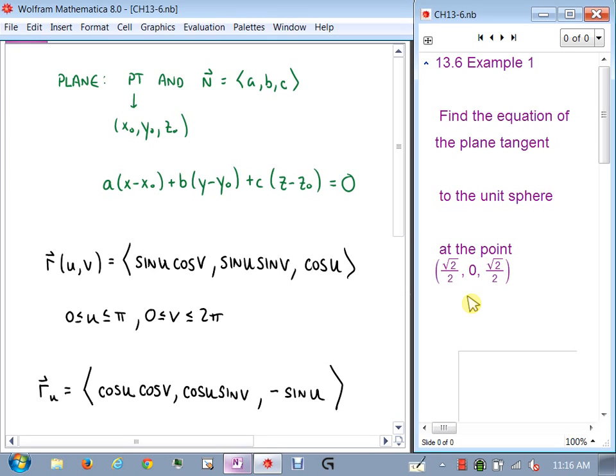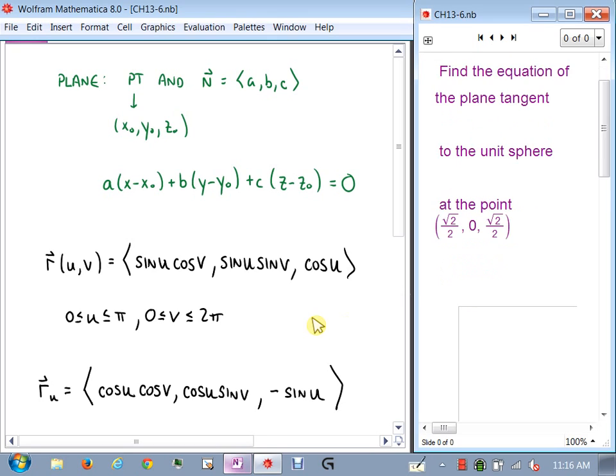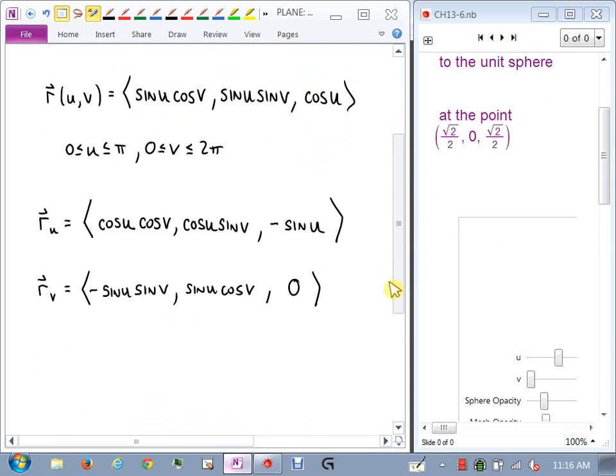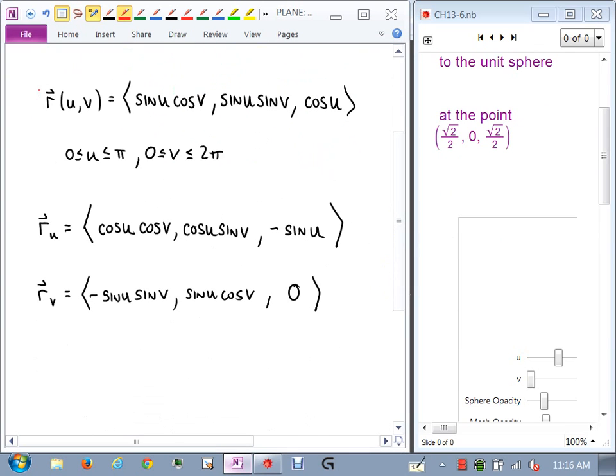So let me start with this here. Go ahead. That's right. Yep, that's basically the attack we'll use here.